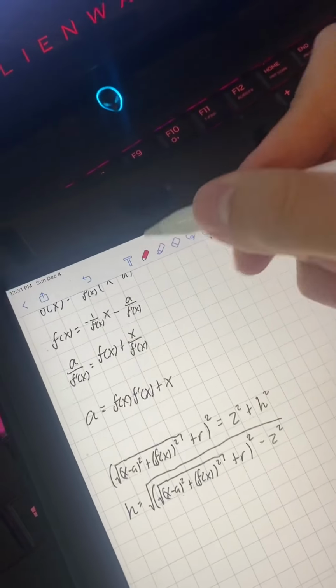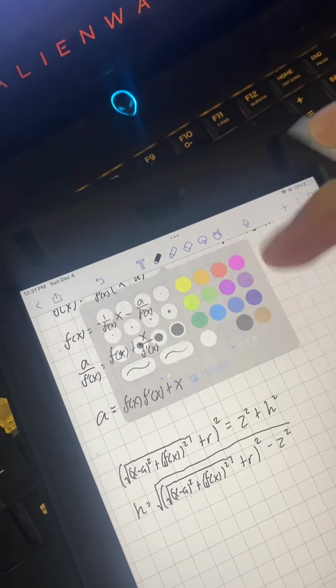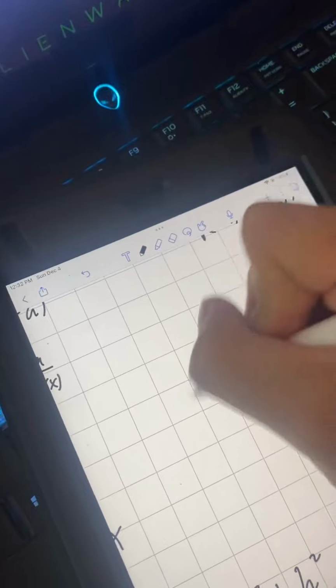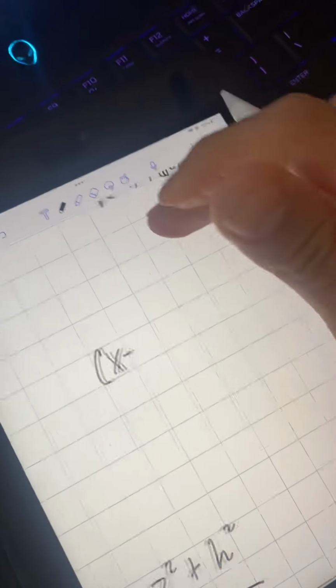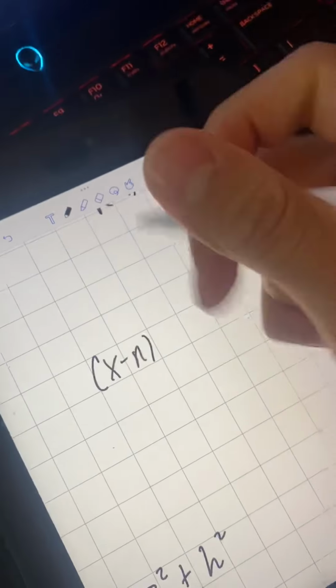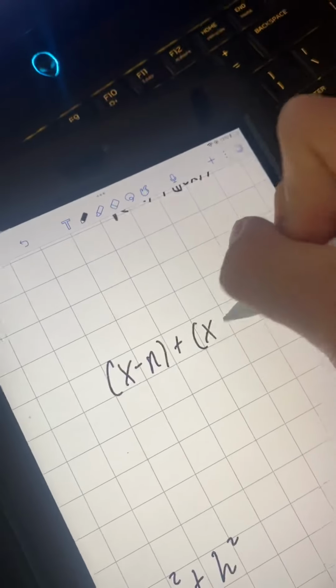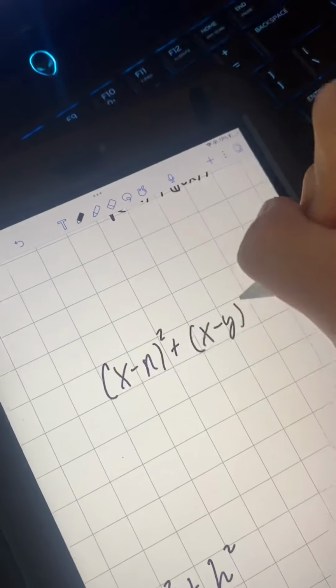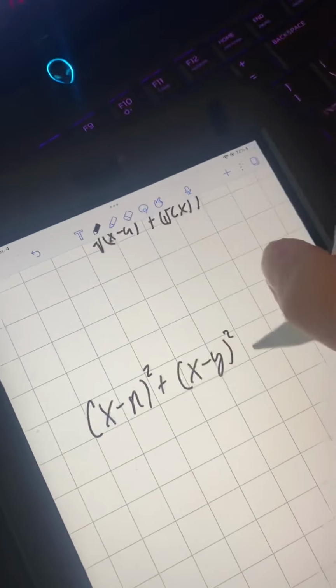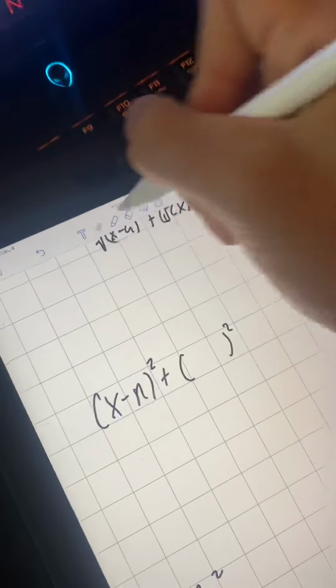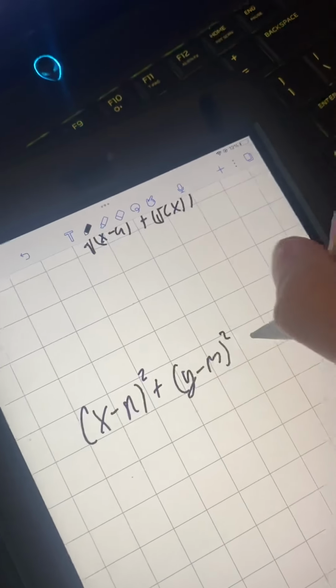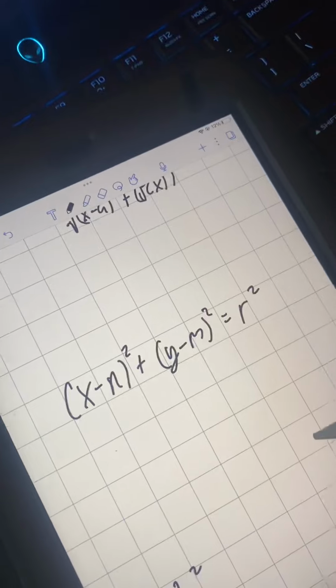So my circle equation, which was originally (x minus m) squared plus (y minus n) squared, remember these are squared, right? Circle equation is, nope, I made the same mistake twice. (x minus m) squared plus (y minus n) squared is equal to your radius squared.